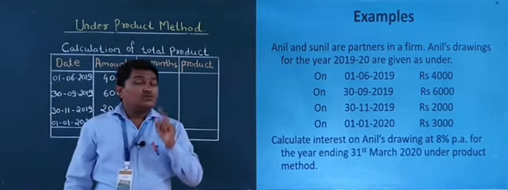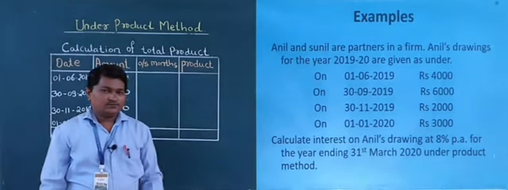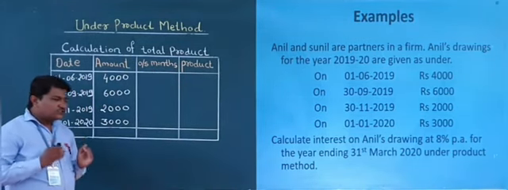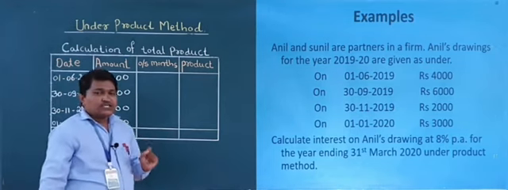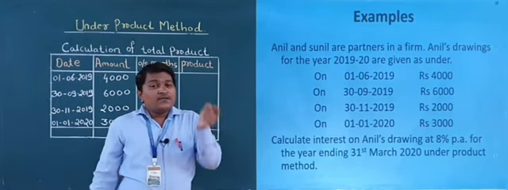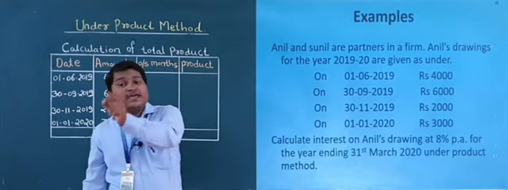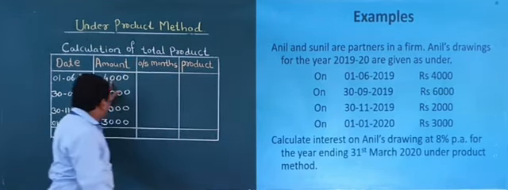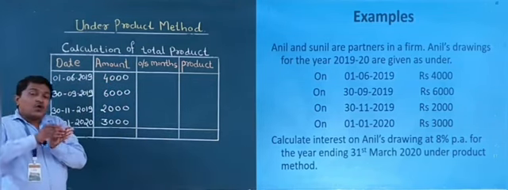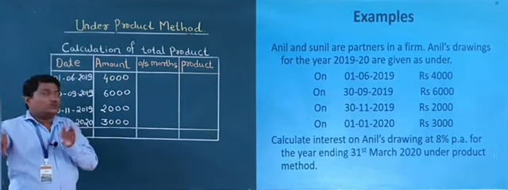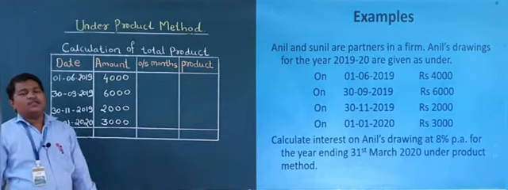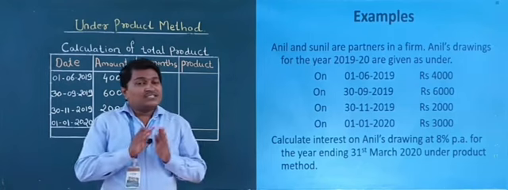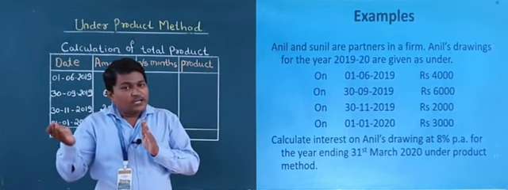Now the third column is most important. What is outstanding month? Outstanding month means how many months he used that amount during that year. This 4,000, for how many months did he use it during the year 2019-20? Before we calculate, what is the meaning of 2019-20?